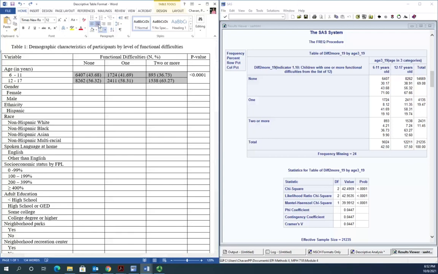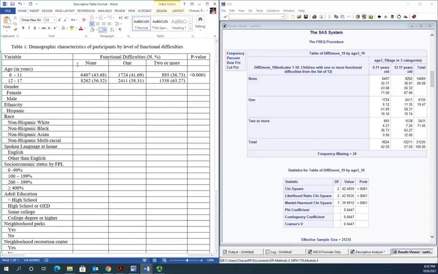You can either align it at the center, or you can right align it. But make sure that they are not left aligned. Left align should only be the name of the variable.